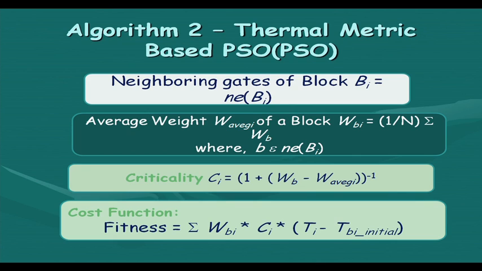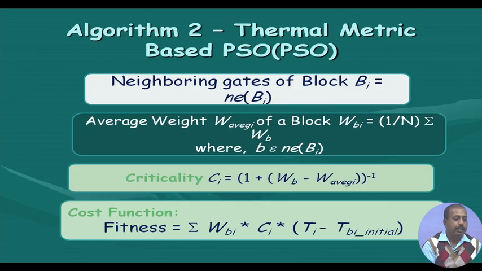Then for every block we had previously computed some weight of the block. The weight of the block was computed by applying a sequence of random patterns and finding the criticality of this block, by finding the temperature of this block and the maximum temperature.